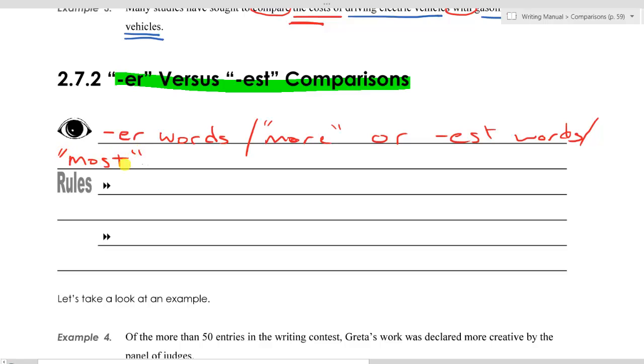So if you see ER words or more, or EST words or most, they may be testing this comparison issue, the ER versus EST comparison issue. And what is this issue?